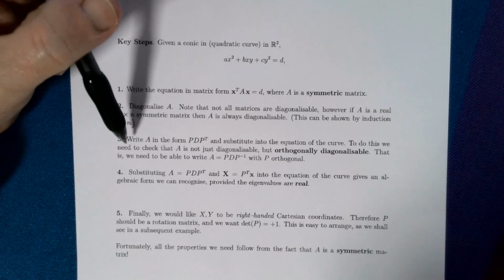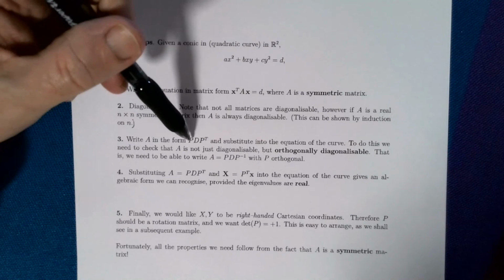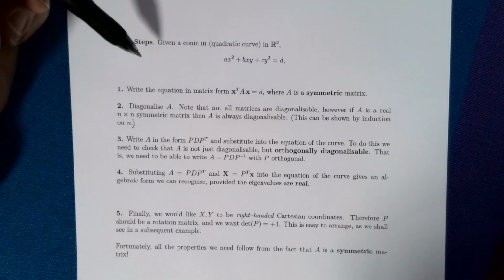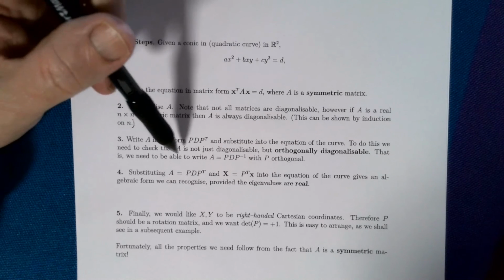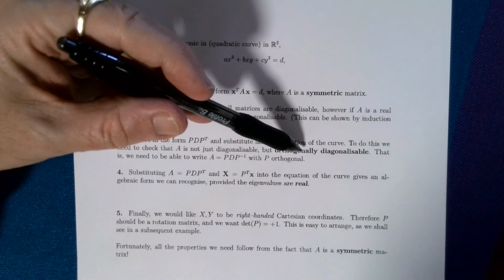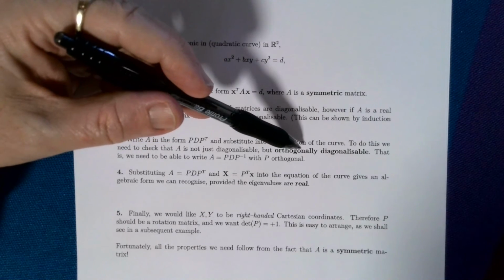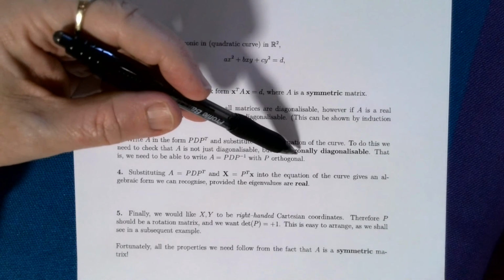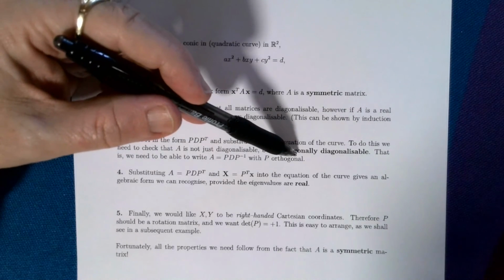So we write this A then in the form PDP transpose, and substitute it into the equation of the curve. We need to check not only that A is diagonalisable but orthogonally diagonalisable, and that means we're going to require the eigenvectors to form an orthonormal set.